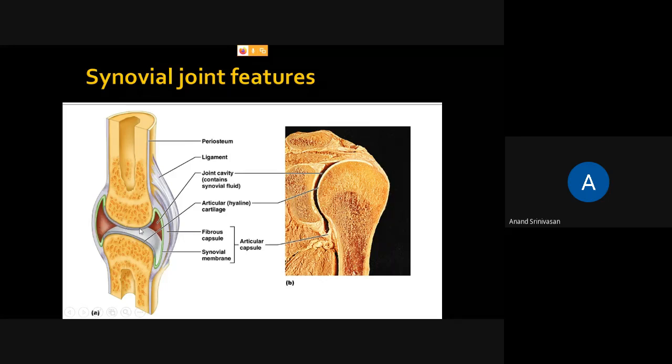Now there is also a space between the two bones, and this space is filled with synovial fluid. Just like you add oil to the engine. Why do we add oil to the engine? To prevent friction, because the motor pump goes up and down, and there will be friction.